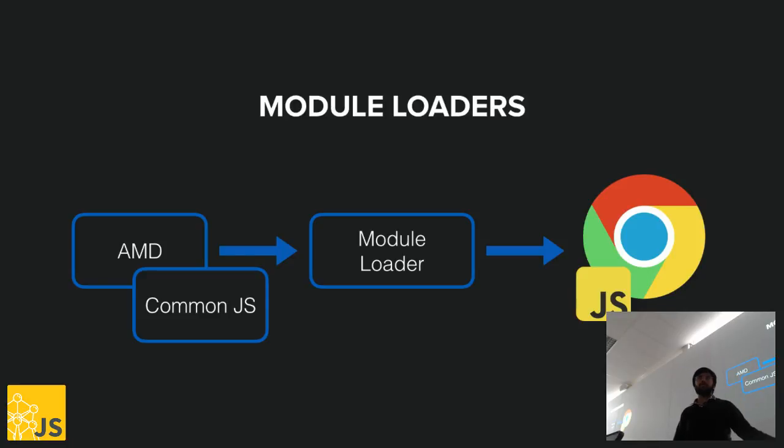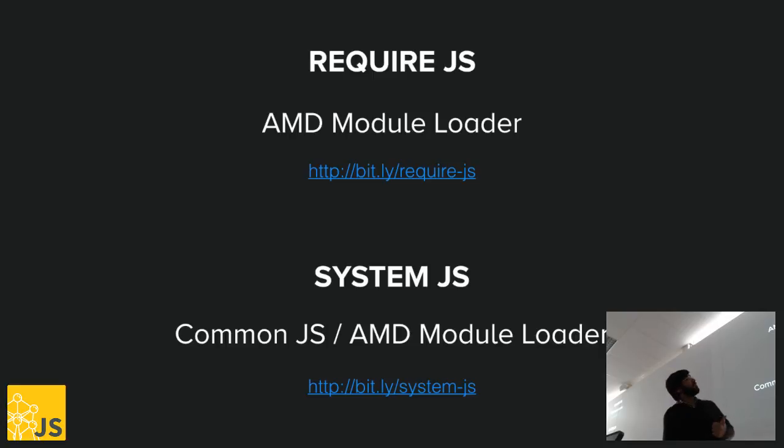Then only the browser will understand what that is. These two are very commonly used module loaders. For AMD we have require.js, for CommonJS and AMD we have system.js. You can check them out, they're pretty straightforward to use.